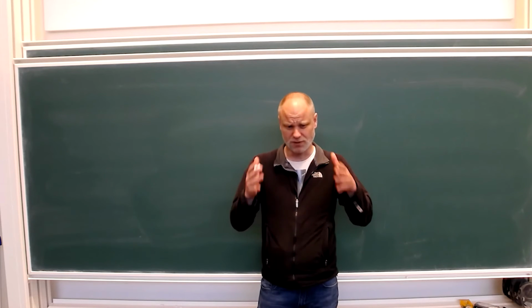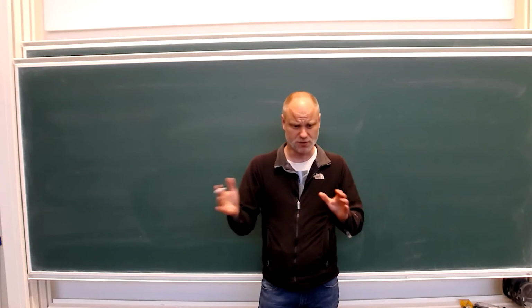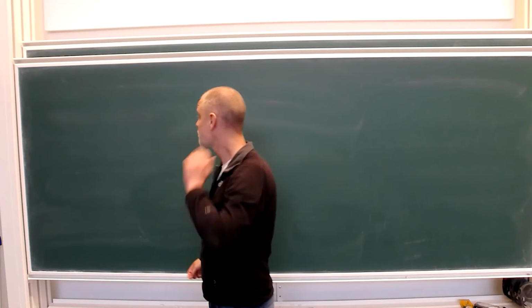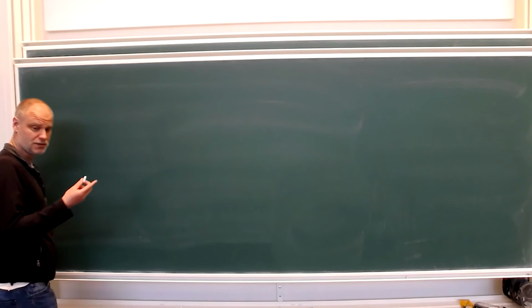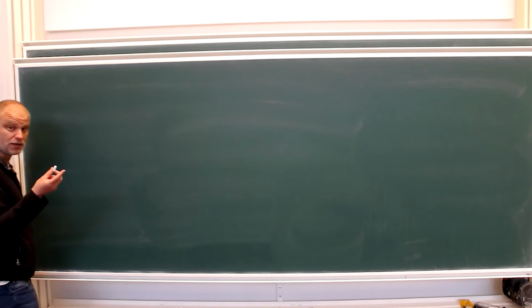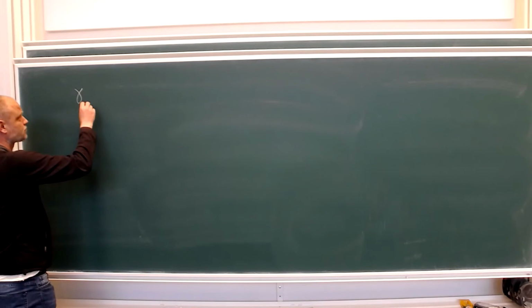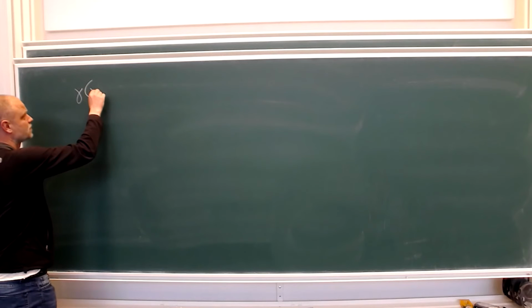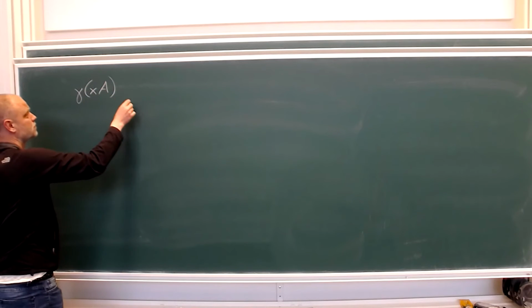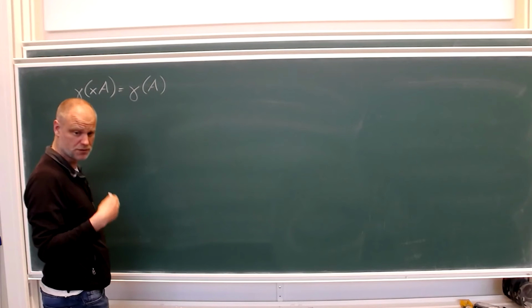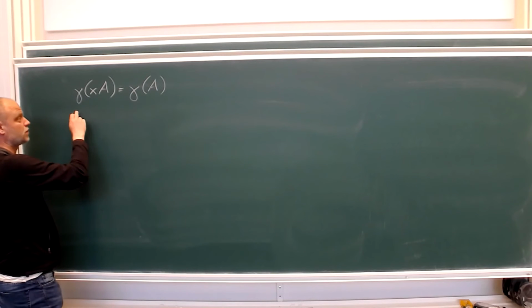But intuitively, there should be just one kind of Haar measure, whether you multiply with matrices from the right or from the left, right? So in that lecture, I used gamma for Haar measure. So left Haar measure satisfies this, right? And right Haar measure.